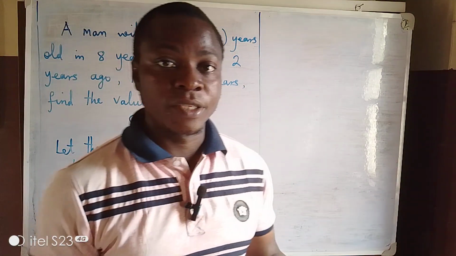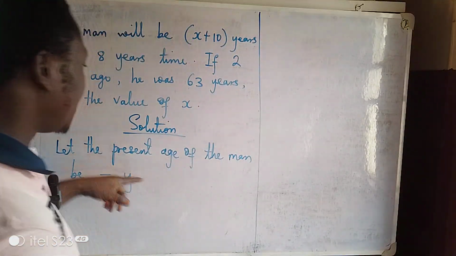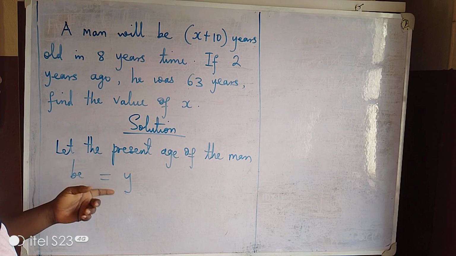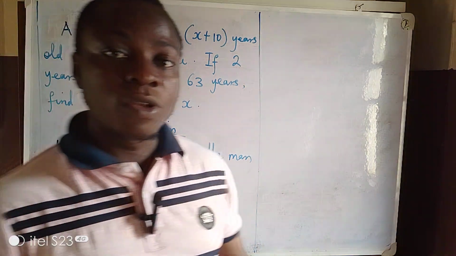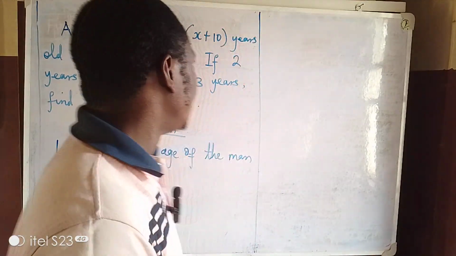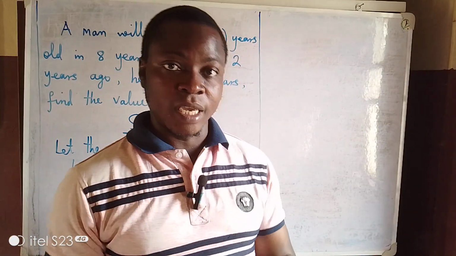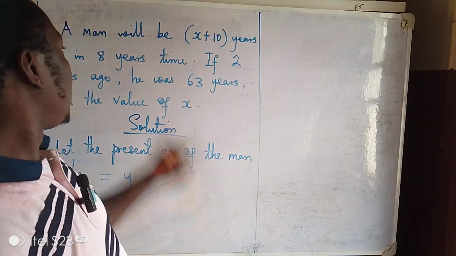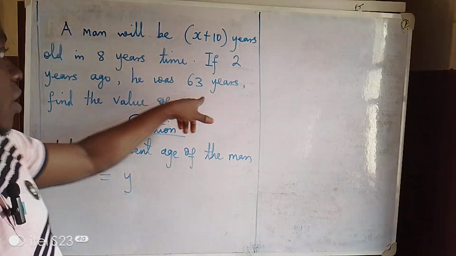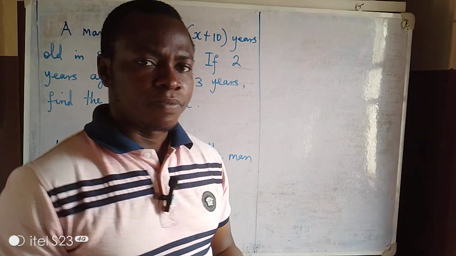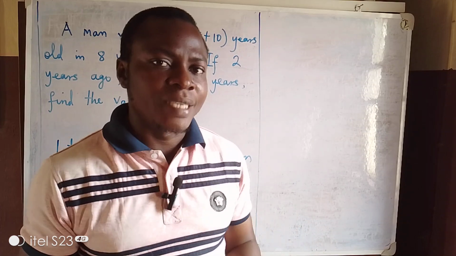You can use any letter of your choice. Because we don't even know the age of this man. They only gave us his age in 8 years time, and they also gave us his age 2 years backward, which is 63 years.